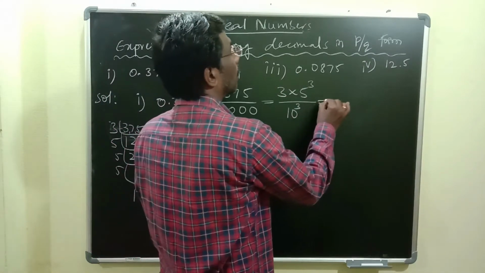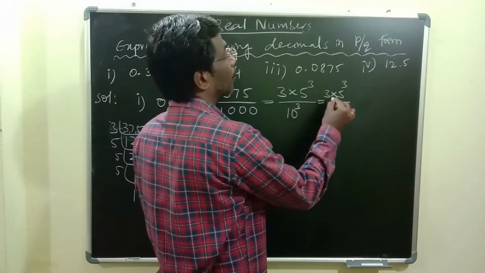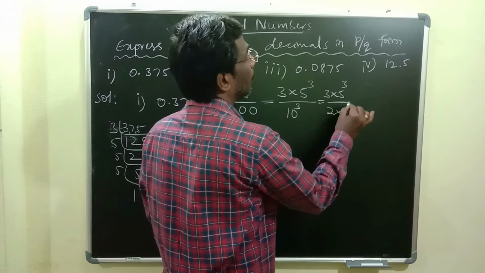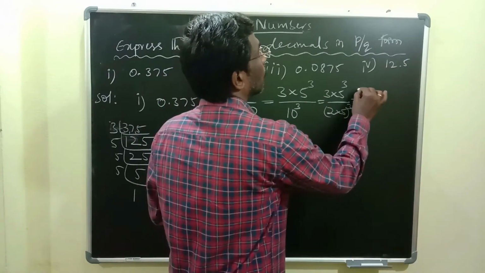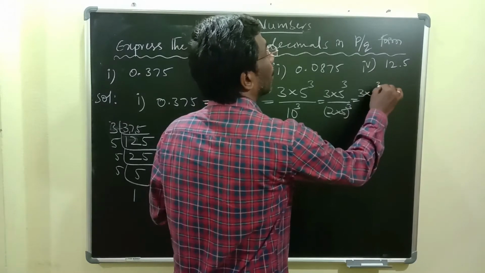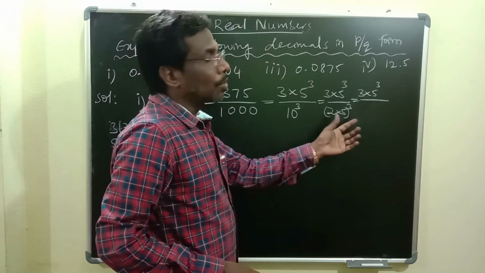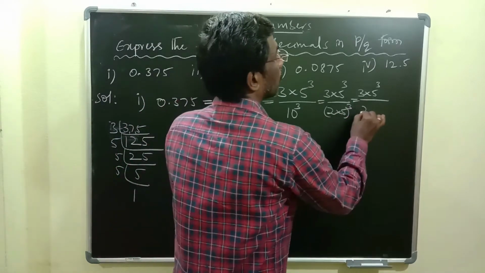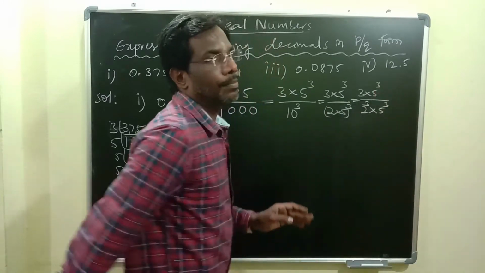And next write 3 into 5 cube by this 10 cube, write 2 into 5. 2 5s are 10 and whole cube is equal to 3 into 5 cube by, separate the power to 2 bases. So what can we write? 2 cube into 5 cube.